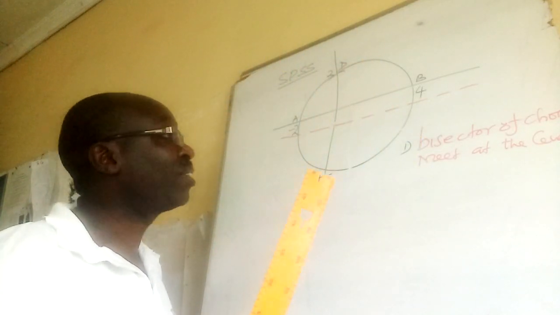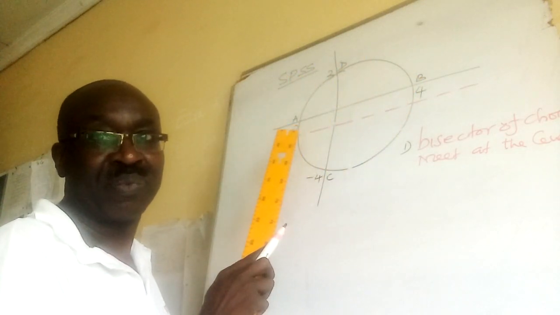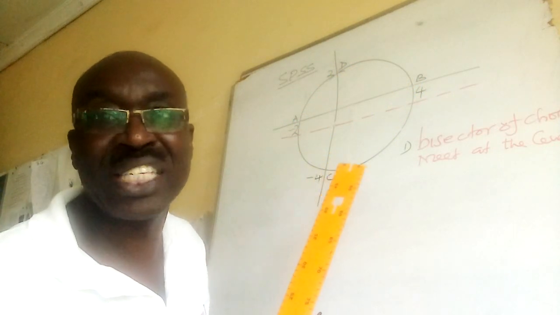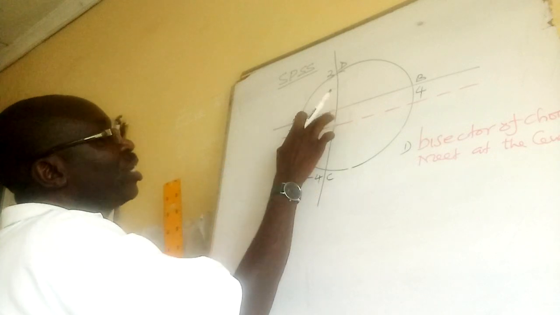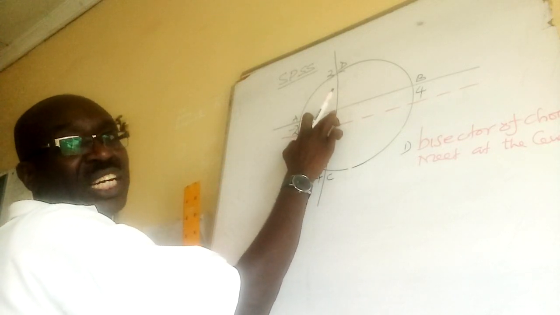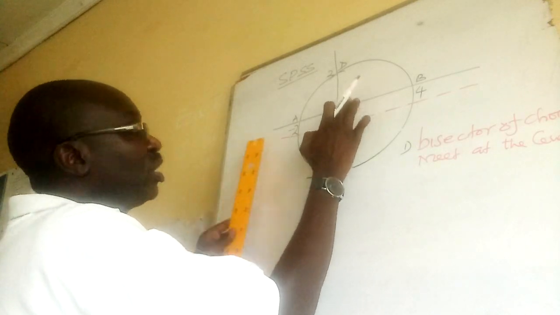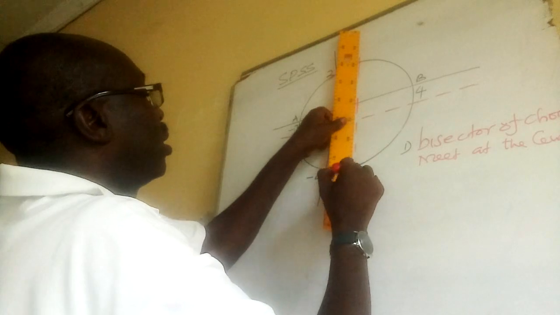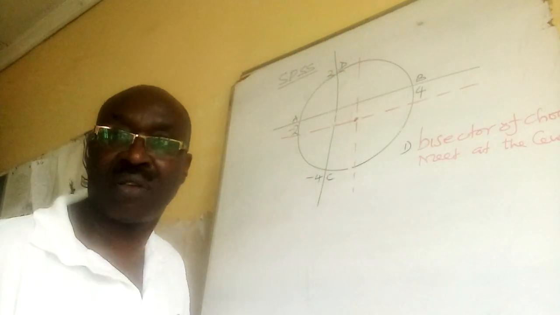Same thing, AB. I've given them names so that you have a chord AB. Where do you bisect? These are 6 units again. So if this is the origin, (0, 0), then the bisector must be on this side. So roughly, this is the center.